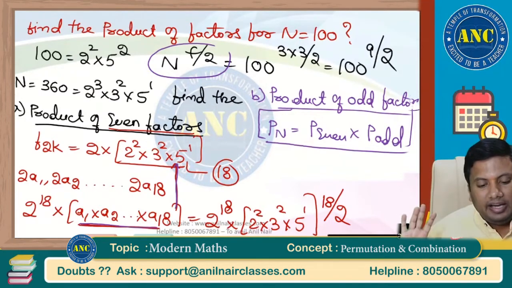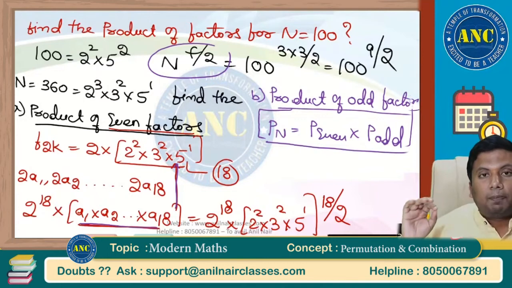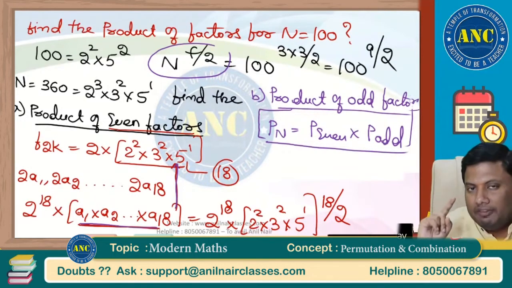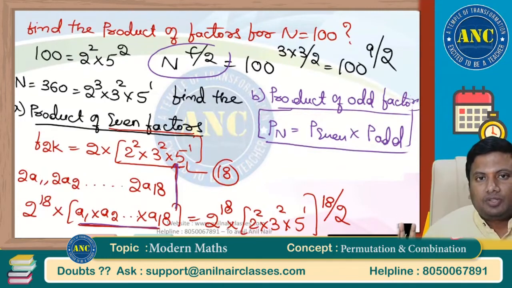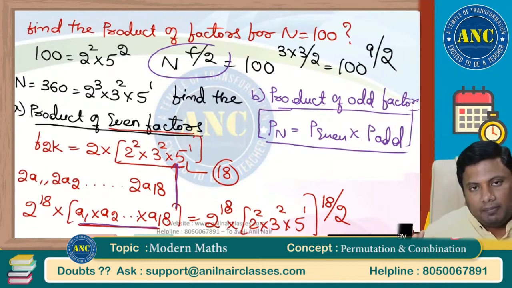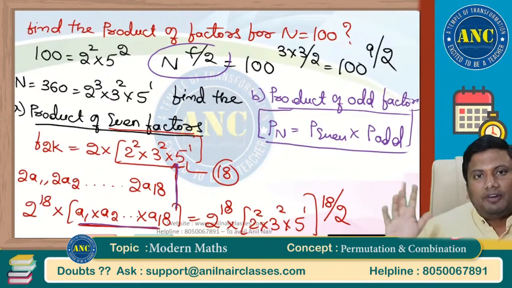I hope the idea is clear. Kindly reply everybody in the live chat if these concepts are clear to you. Factors, prime factors, composite factors. Factors which are multiples of k, factors which are not multiples of k. Sum of the factors, sum of the even factors, sum of the odd factors.